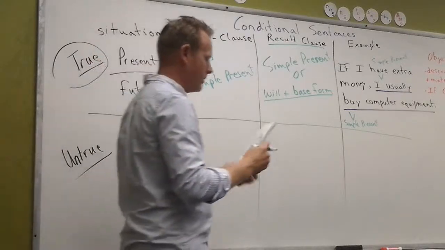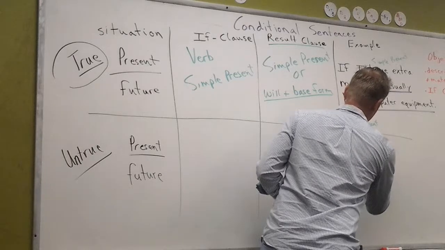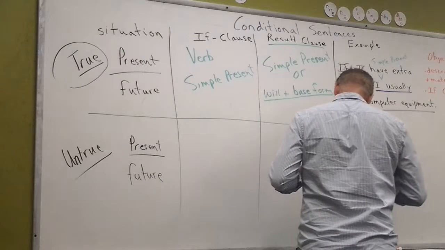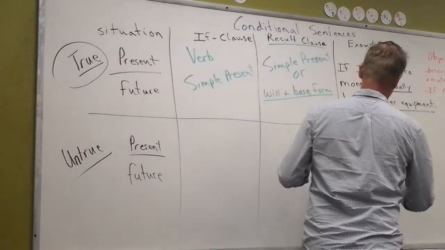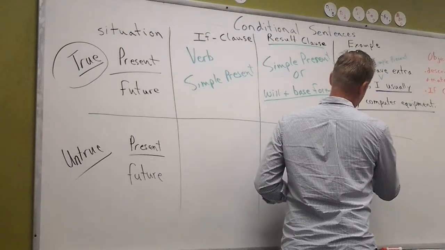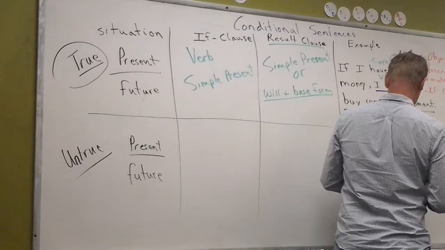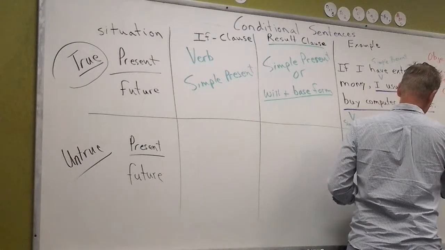I'm going to write on the board. Read it for us, Yusuf. If I had some extra money, I would buy a new laptop tomorrow, or today or tomorrow. But how can you use past and think about the future? Let's look.